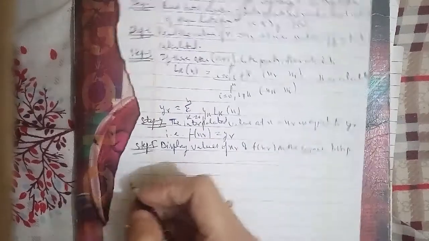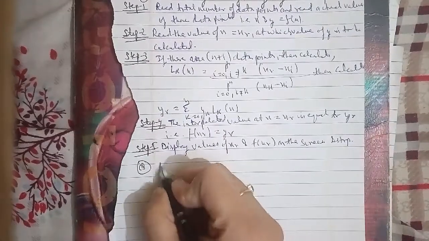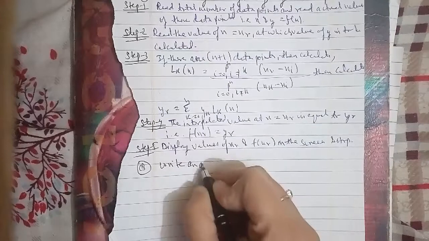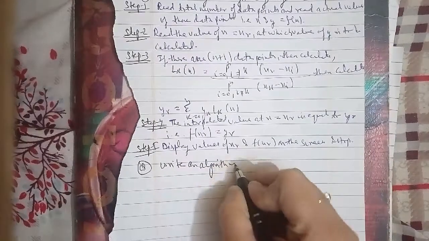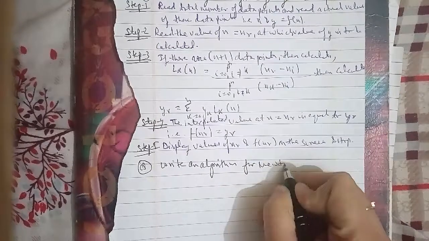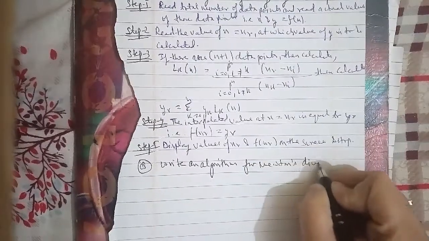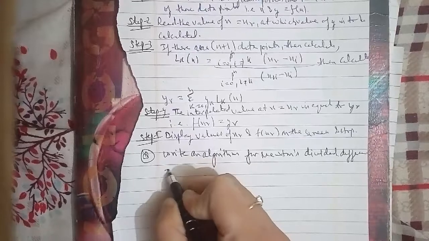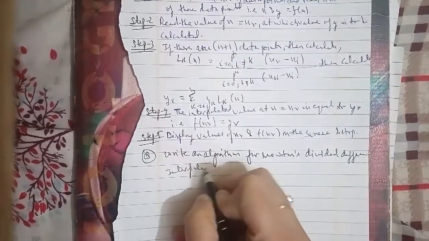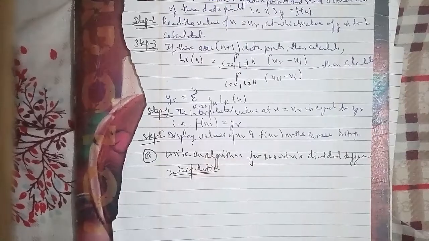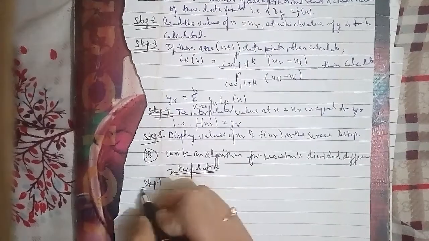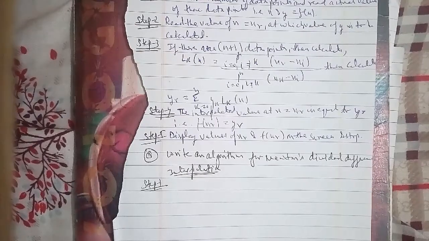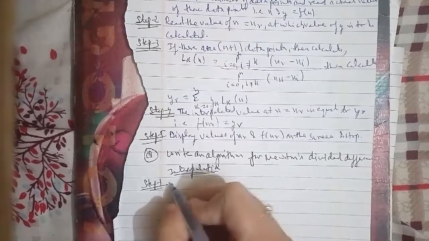So for step 1, read the real number of total data points and the values of those data points, that is x and y, where y equals to f(x).